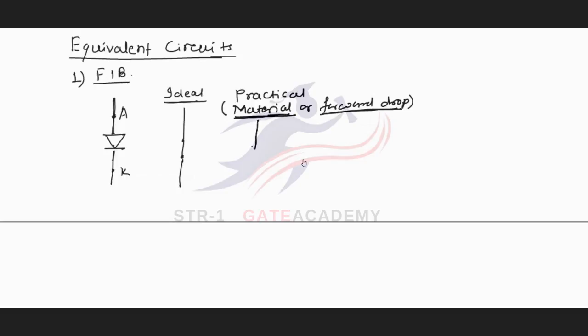In this case, the diode will be replaced with a battery opposing the supply voltage, and this battery has potential equal to V gamma. This is the anode terminal, this is the cathode terminal, and V gamma equals 0.2 volt for germanium and 0.7 volt for silicon.